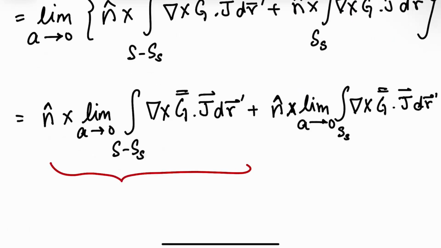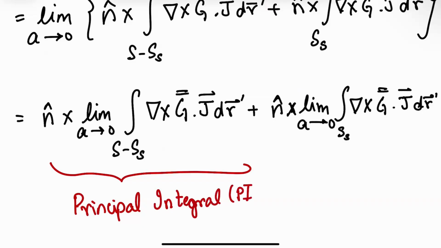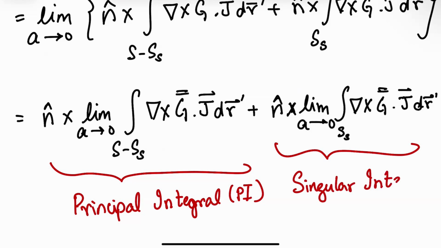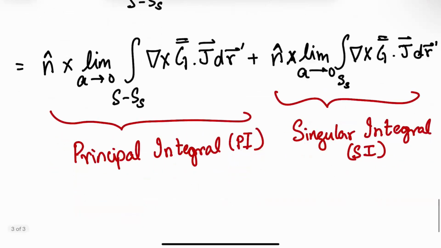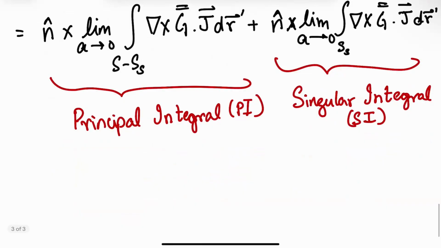This first one is called the principal integral, PI, and this is called the singular integral, SI. This is similar to the sinc function again, where this is the part which doesn't include the singularity, and this is the singular contribution.